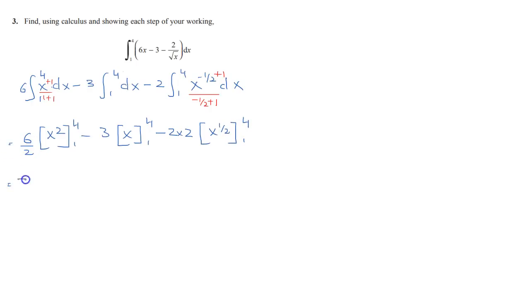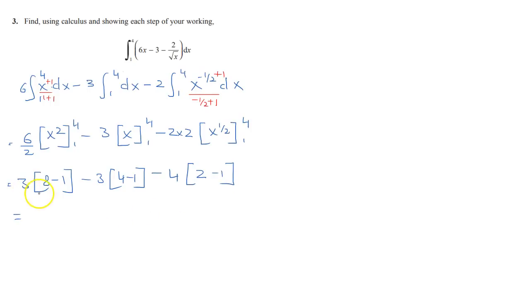So that is equal to 3 times 4 squared is 8 minus 1 squared is 1, minus 3 times 4 minus 1, minus 4 times 4 to the power half, which is 2, that is root 4, and root 1 is 1.